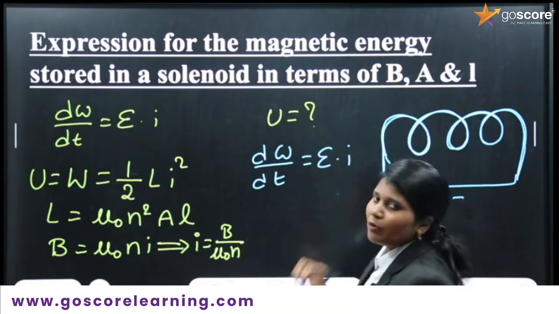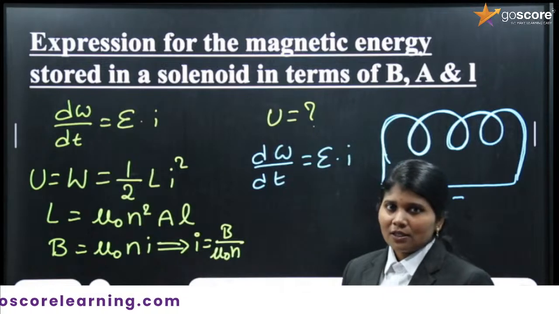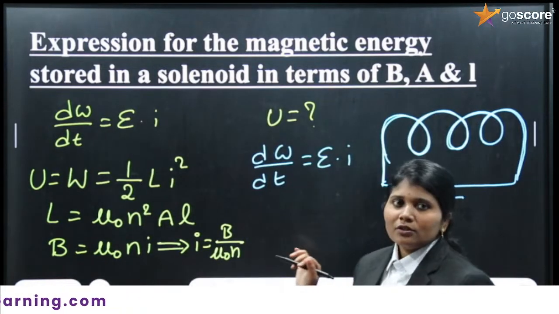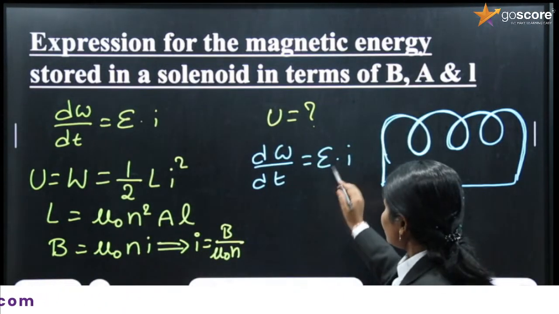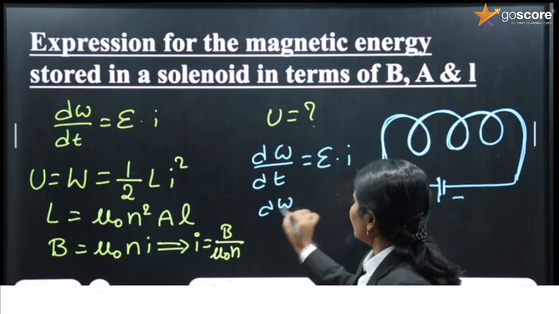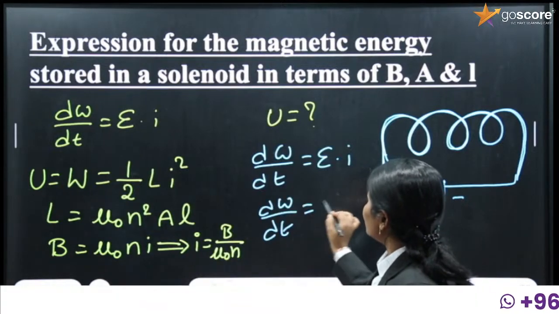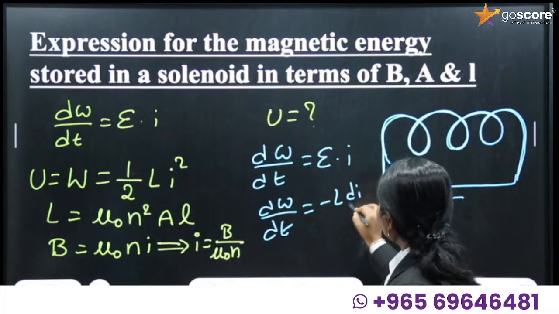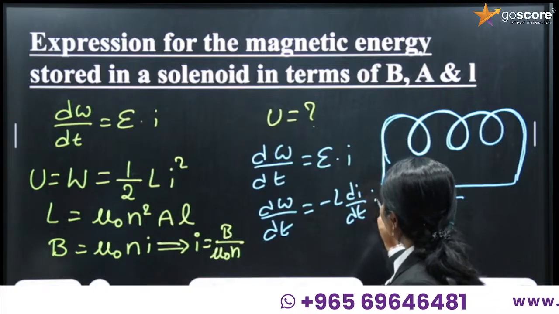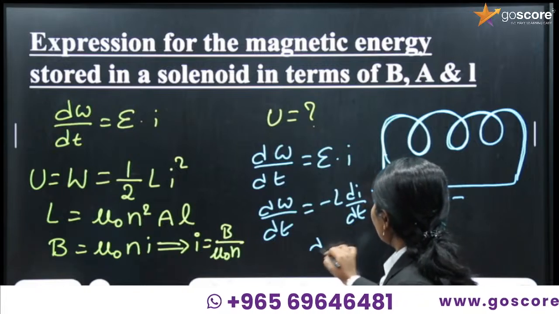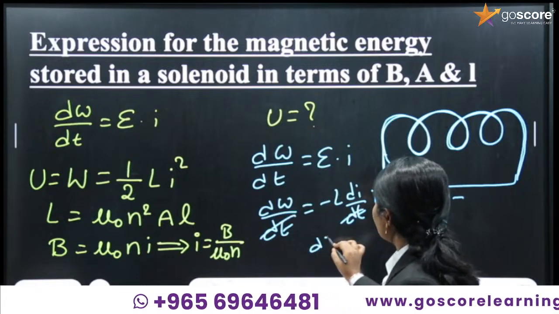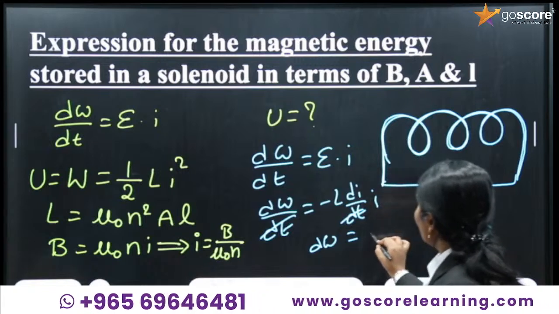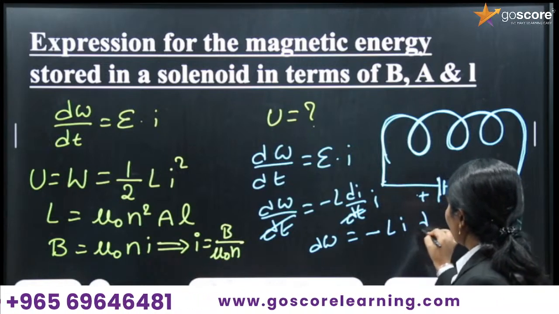What is dW by dt? Power. Power is equal to voltage into current. Then dW by dt is equal to minus L di by dt into I. Here dt cancels, and we get dW equals minus L I dI.